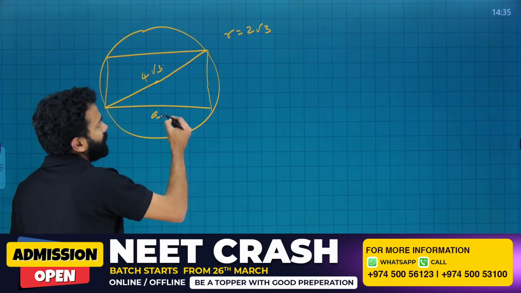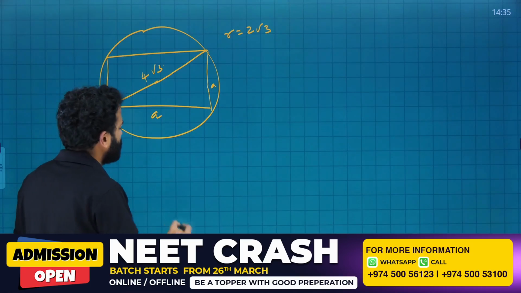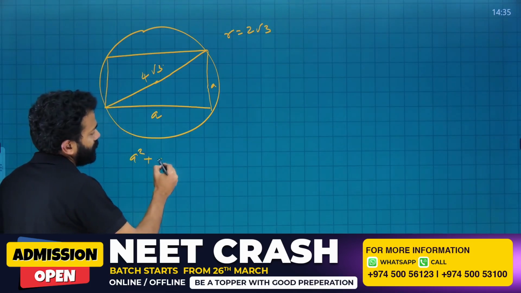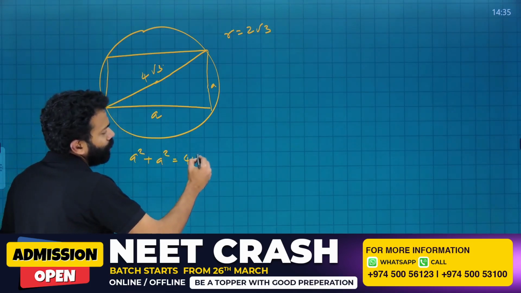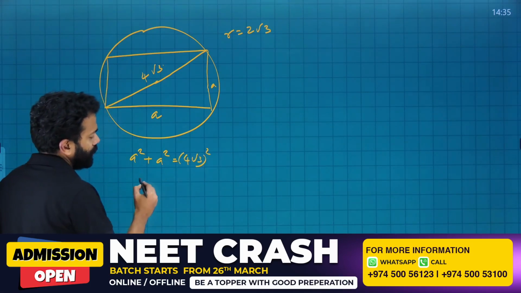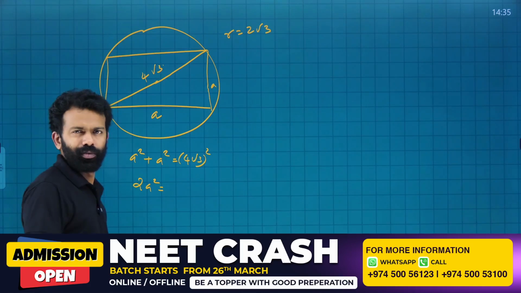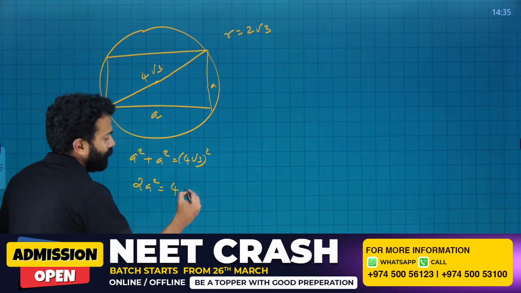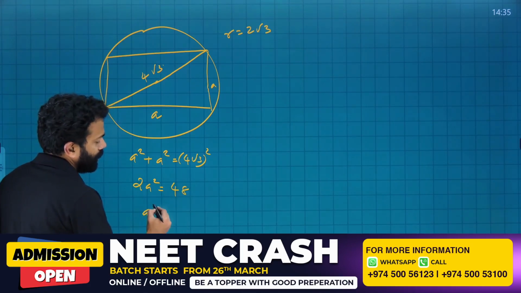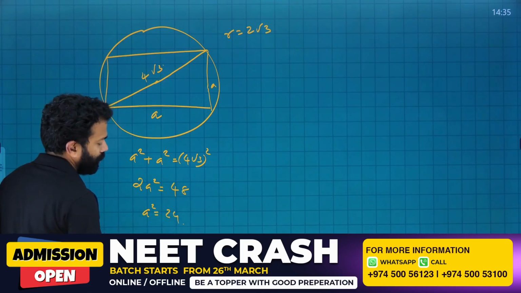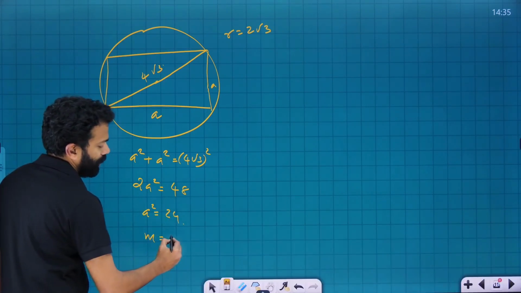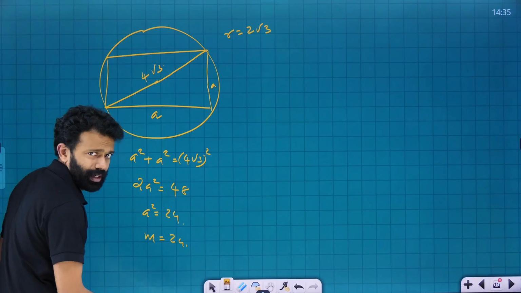We can take the sides as a and a. By applying Pythagoras theorem, a square plus a square is equal to 4 root 3 square. That is 2a square is equal to, what is 4 root 3 square? 48, and a square is equal to what? 24. We already got the value of m. M is 24, the area, right?